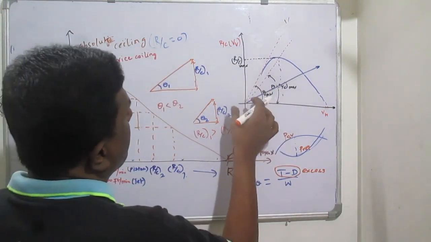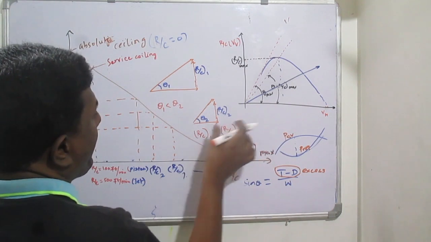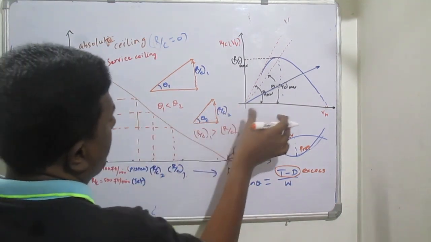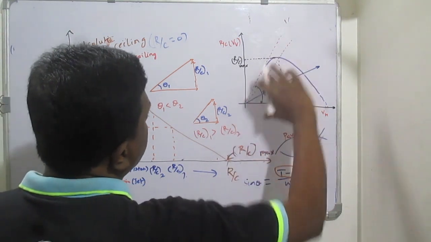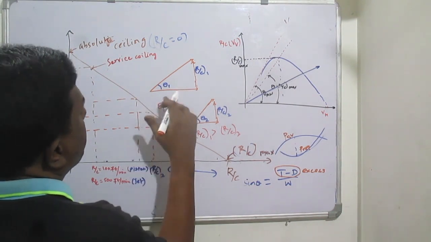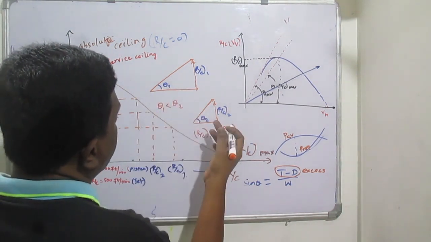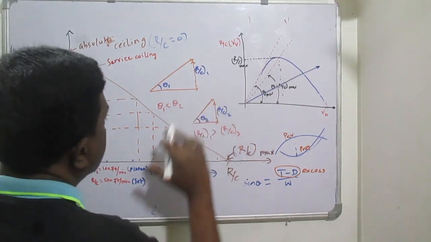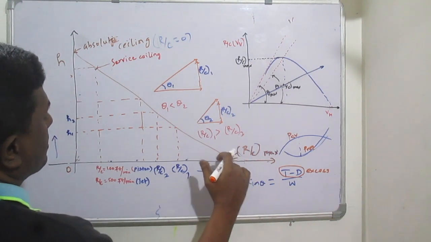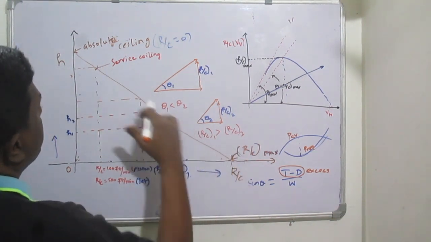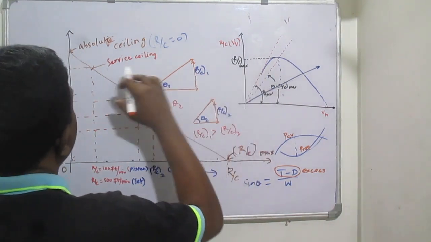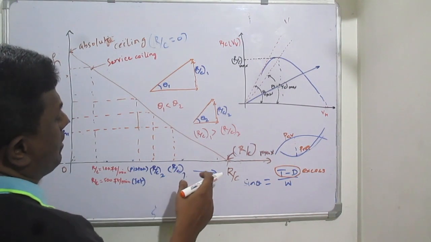From this graph as well as from that graph, after reaching the maximum rate of climb, the statement we made, that as the angle of climb increases the rate of climb decreases, is proved. As we have seen from this curve, after the maximum rate of climb it can go only up to the service ceiling.